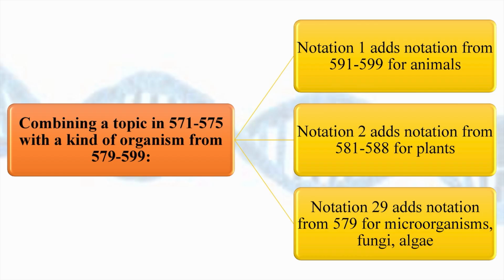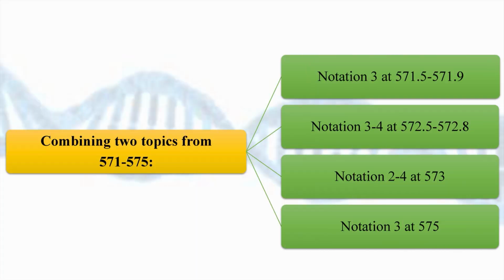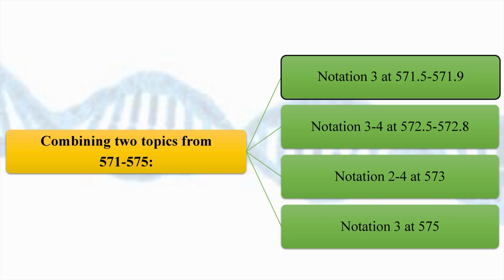Now, when it comes to combining two topics in the range of 571 to 575, we have four subcategories under it. The first one is at 571.5 to 571.9, where you add the notation 3 as per the instruction of the schedule.